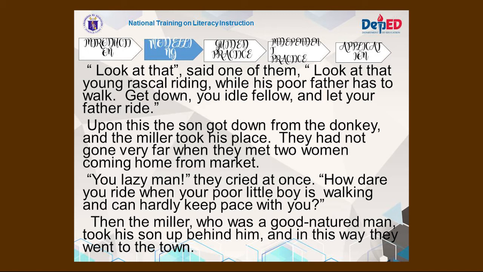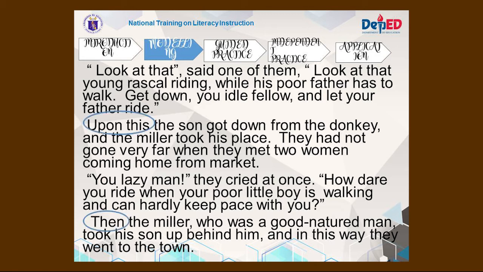They had not gone very far when they met two women coming home from market. "You lazy man," they cried at once. "How dare you ride when your poor little boy is walking and can hardly keep pace with you?" Then the miller, who was a good-natured man, took his son up behind him, and this way they went down to the town.